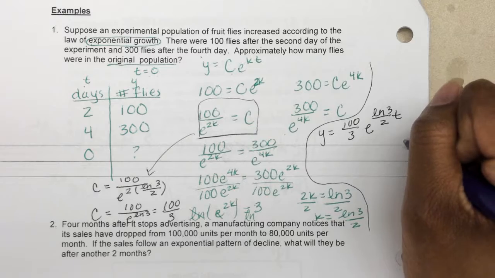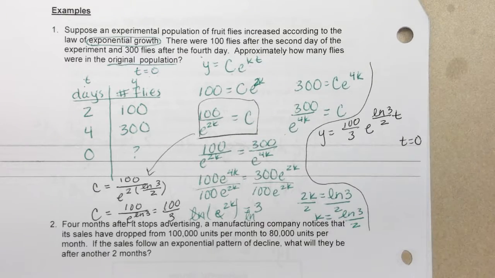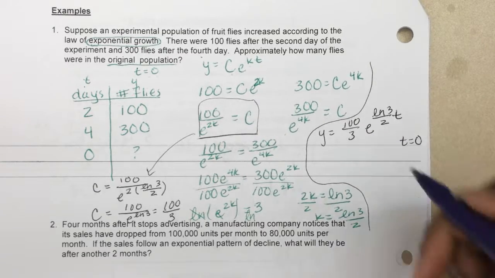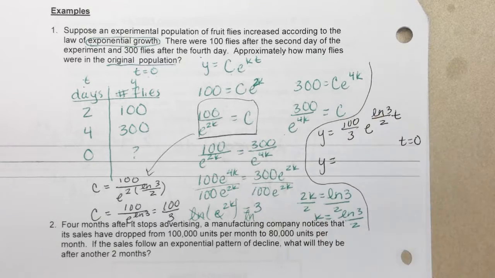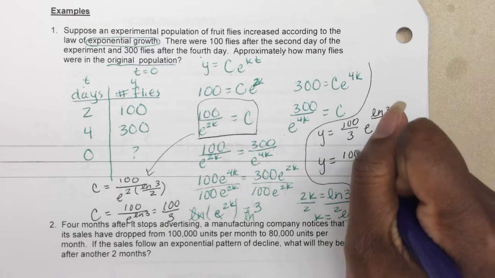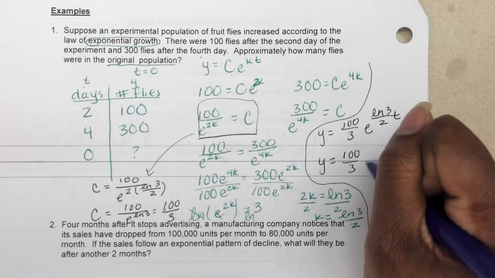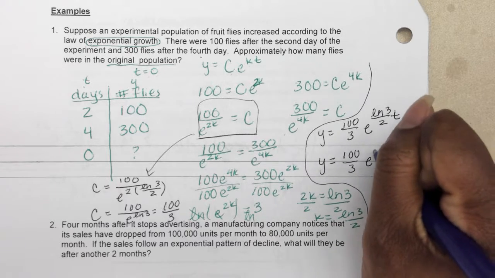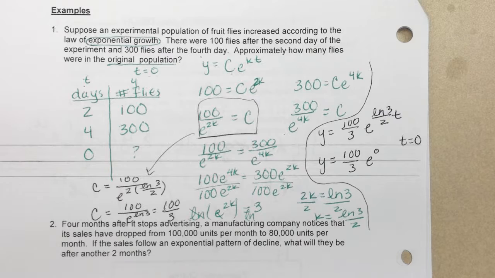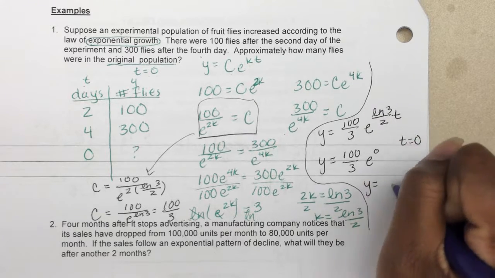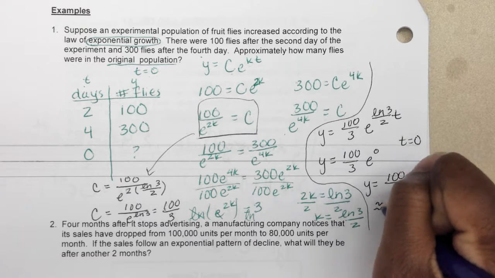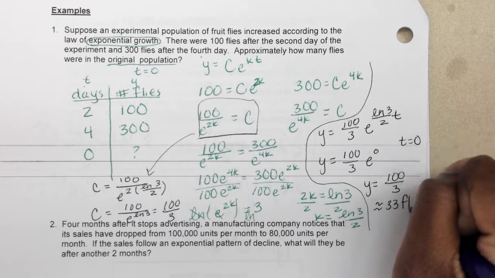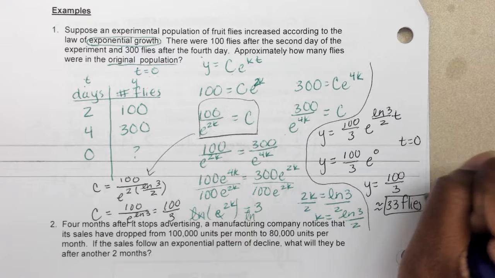And we want to know when t equals 0. So we'll plug in 0 for t, and we'll get y equals 100 over 3 e to the 0. So y equals 100 over 3, which is approximately 33 flies.